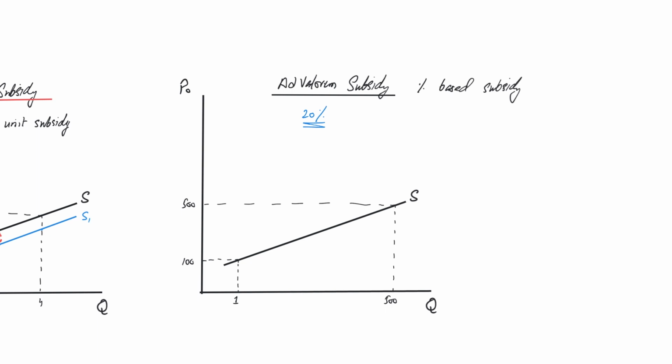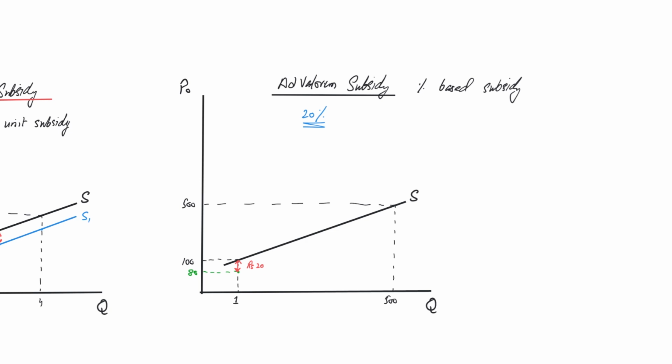And so you are willing and able to sell it for, let's say, 80 rupees. The vertical distance here is 20 rupees, because I took 20% of 100 rupees.